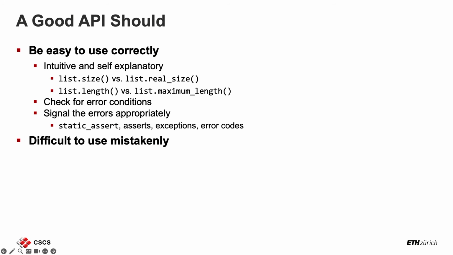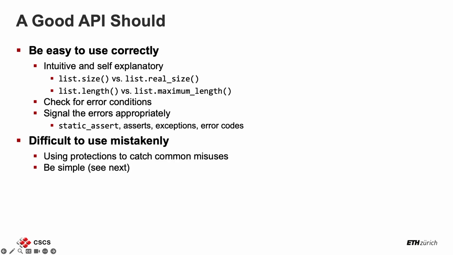But it should also be easy to use correctly, and difficult to use mistakenly. You shouldn't be in doubt. If it is an obvious mistake, it should be caught. Or it should be clear to you how you should not use something.